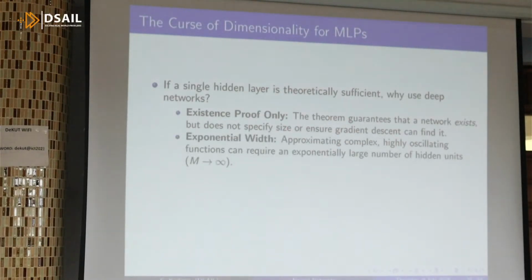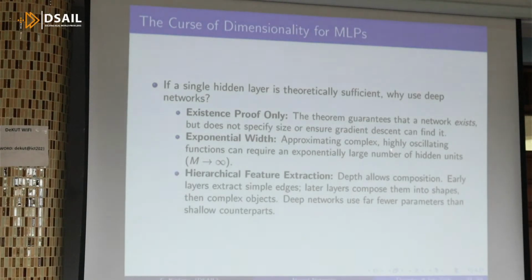And the other thing is approximating complex, highly oscillating functions can require an exponentially large number of hidden units. Some functions will require you to have a ridiculous number of hidden units. By number of hidden units, we really mean in that single hidden layer, how many neurons do you need?